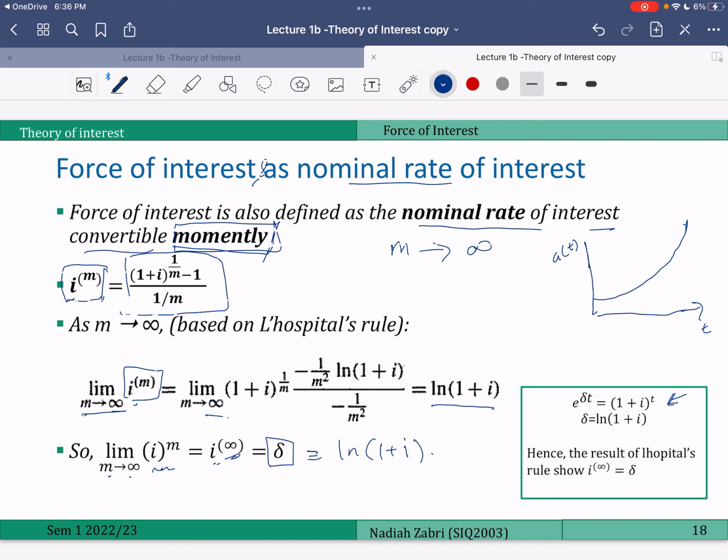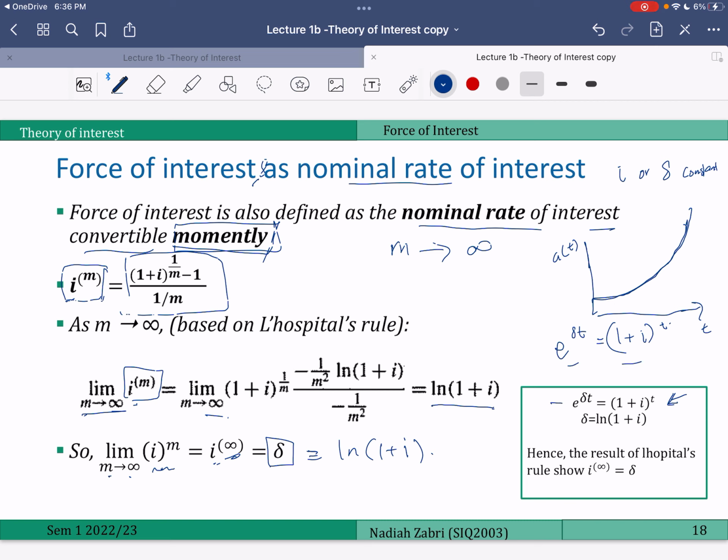You can write this function in two forms: e to the power of delta t, or (1 plus i) to the power of t. It is the exponential function that you will get if our i or our delta is constant. So you can write it in two ways, this or this.